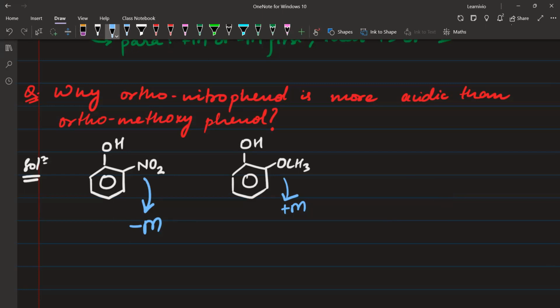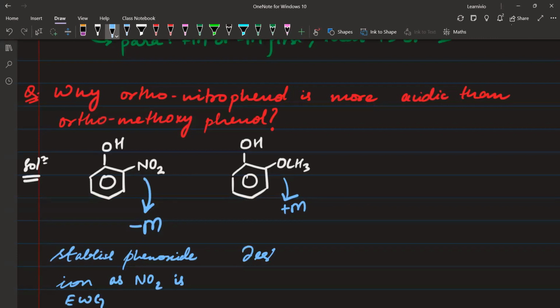So if it is minus M, that means it is going to stabilize phenoxide ion. NO2 is electron withdrawing.